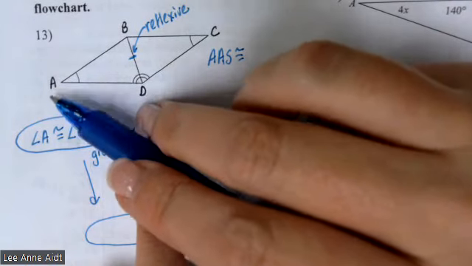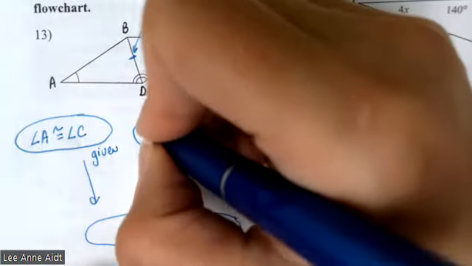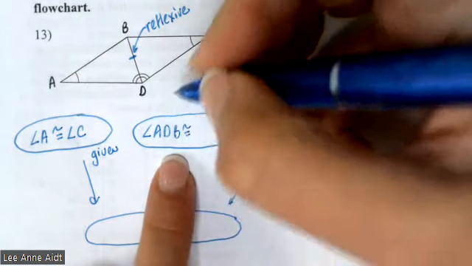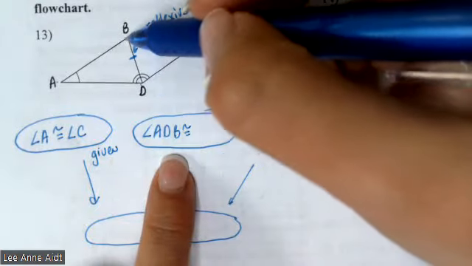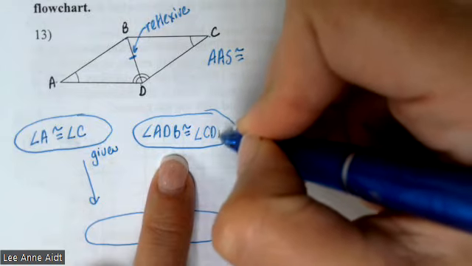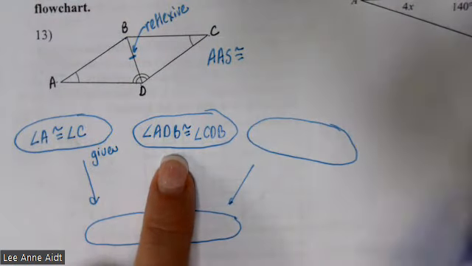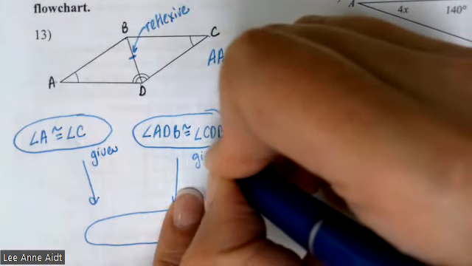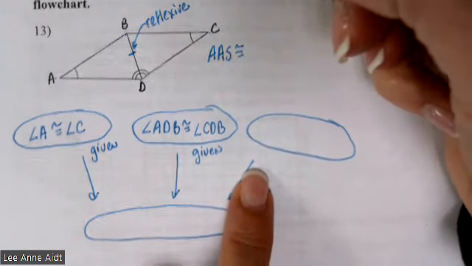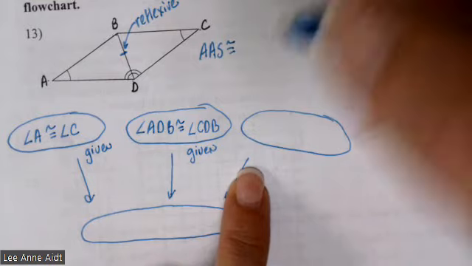So I'm gonna say angle ADB. And ADB is the same as CDB in the other triangle. It's also given. What should I say for the reflexive side? Yep.